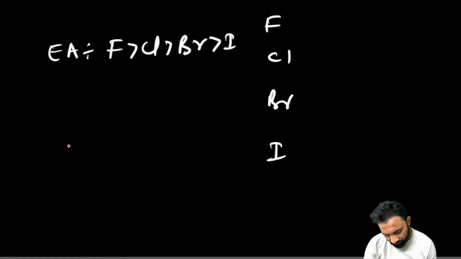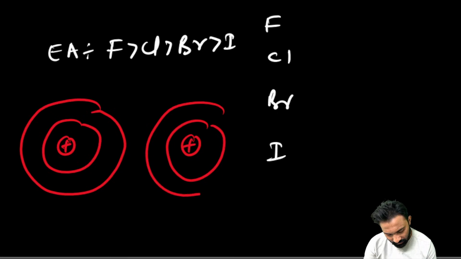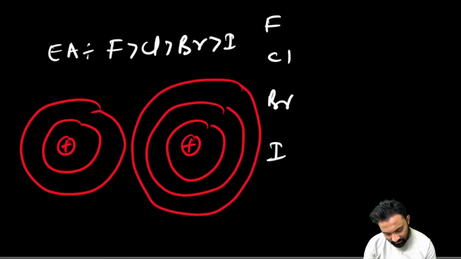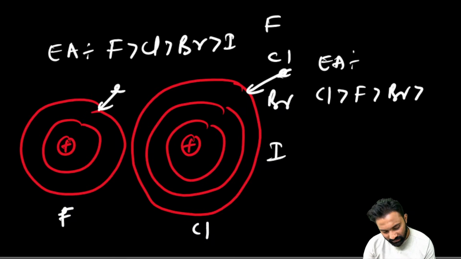But actually fluorine being the smaller size and chlorine being the larger size, chlorine will accept the electron more easily compared to fluorine. So the electron affinity order we got is chlorine greater than fluorine greater than bromine greater than iodine.